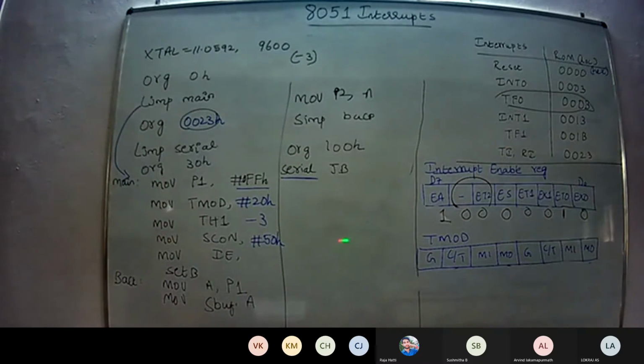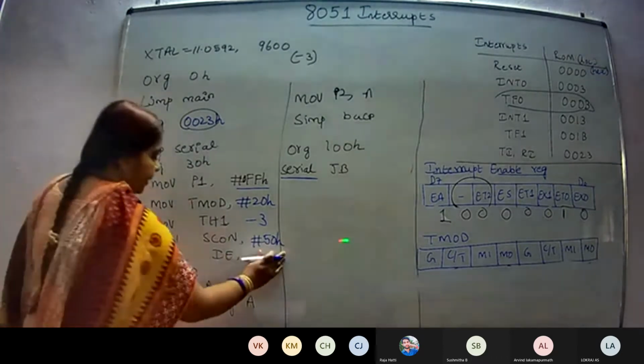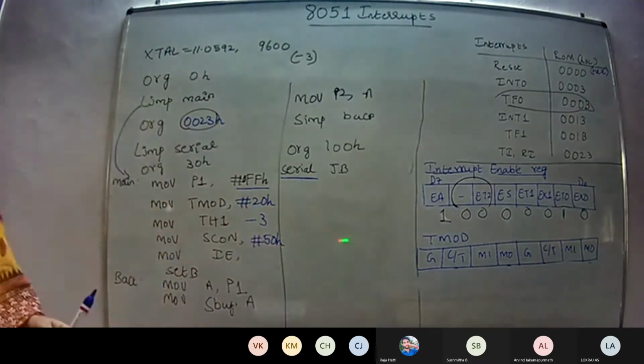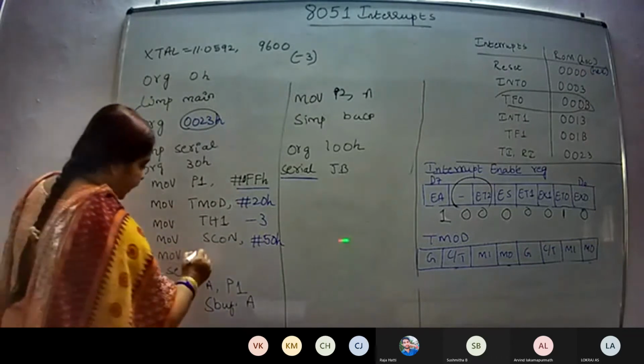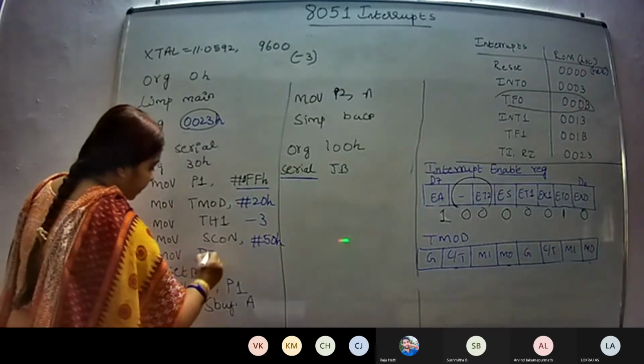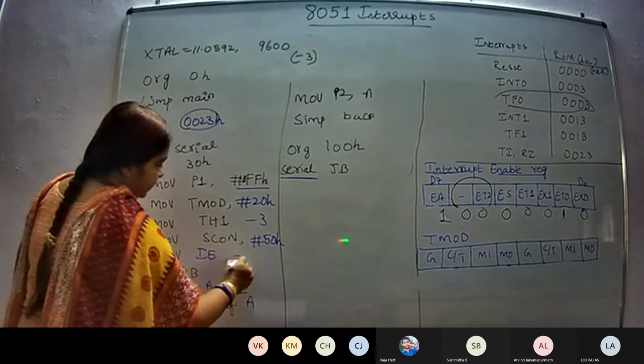Next we have to check what we have to load in the interrupt enable register. Okay, I will write here directly. In the interrupt enable register, what should be the first bit? The first bit should be high. Then only it will be enabled.